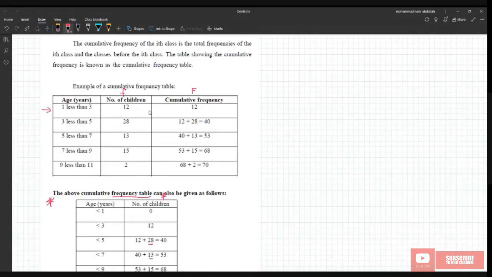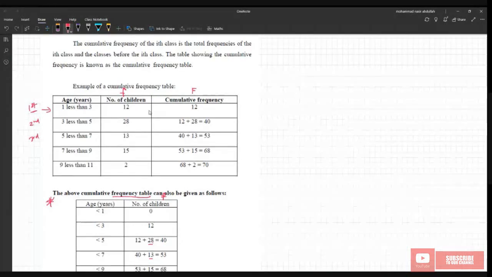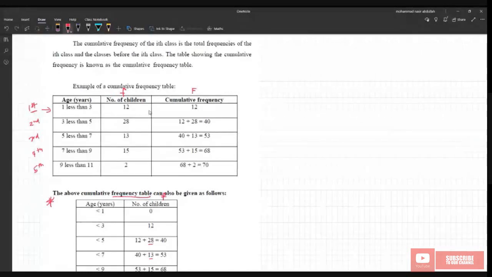Remember, this is your first class. You need to listen carefully. This is your second class, third class, fourth class, and fifth class. Cumulative frequency in the table starts before the first class.